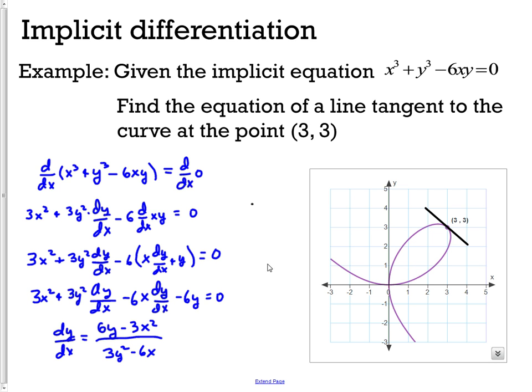But nonetheless, our job right here was to find the equation of the line tangent to the curve at (3, 3), which means that we first want to find our slope. So let's go ahead and find our slope right here by substituting in the point (3, 3).